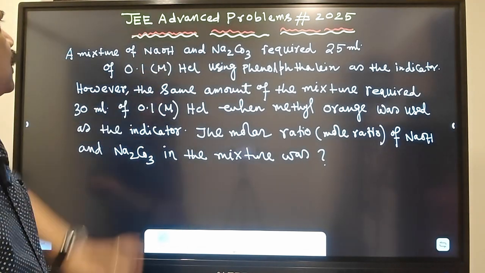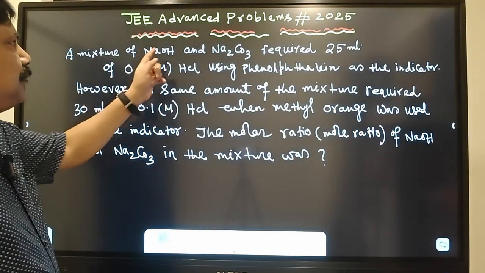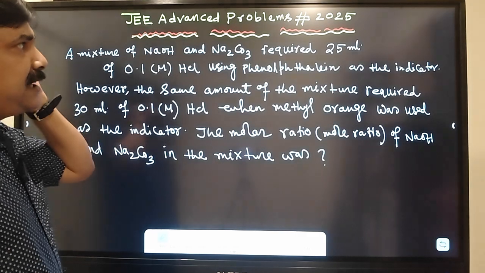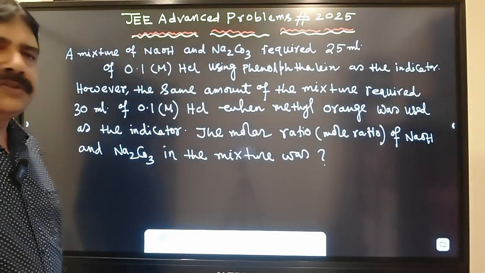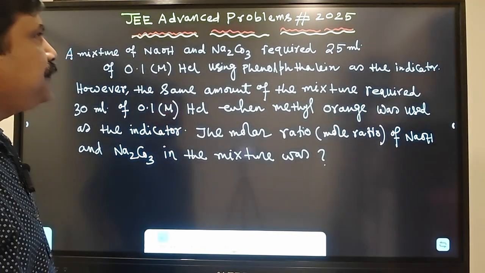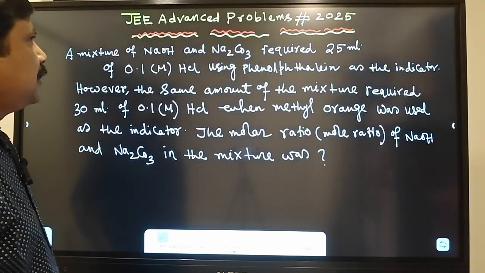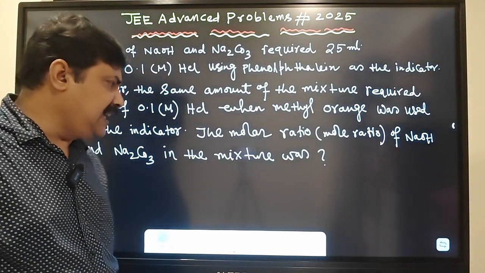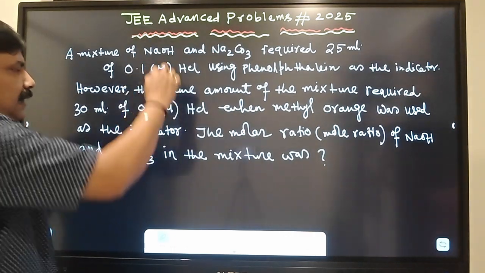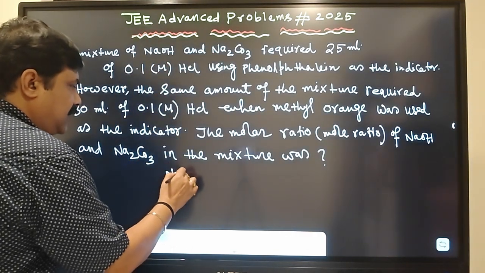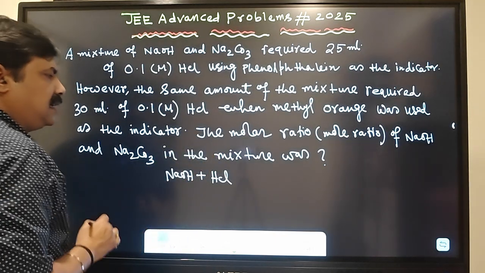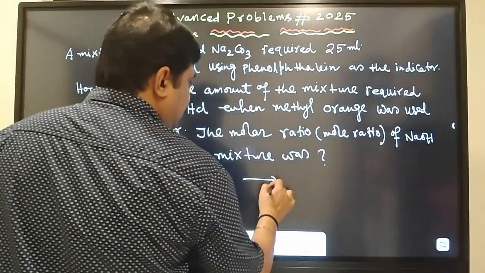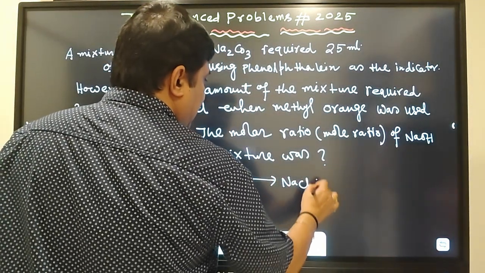Now, if you look here, a mixture of NaOH and Na2CO3 requires 25 ml of 0.1 molar HCl using phenolphthalein as the indicator. Whenever phenolphthalein is utilized, NaOH reacts with HCl and forms NaCl and water.